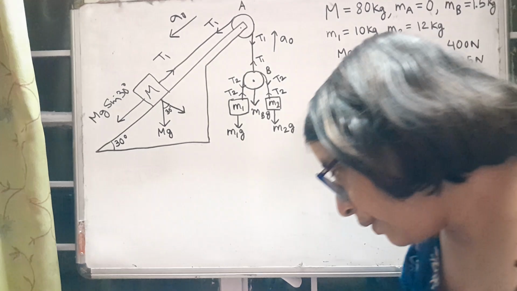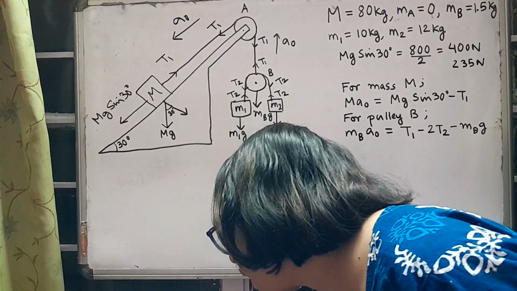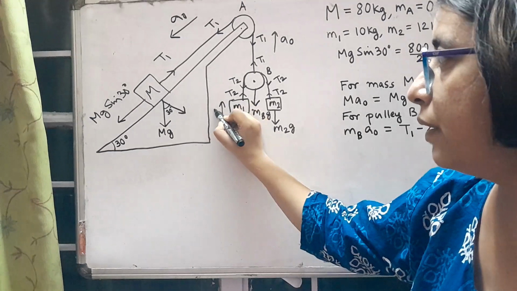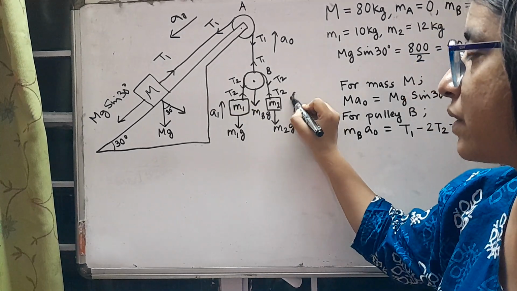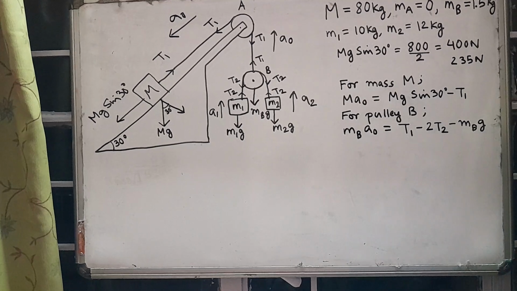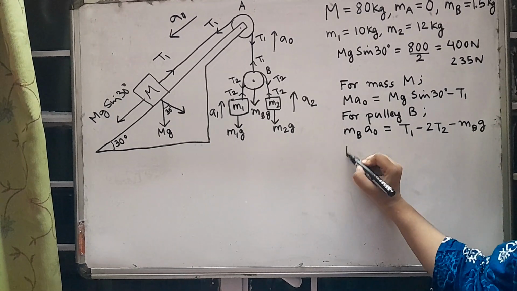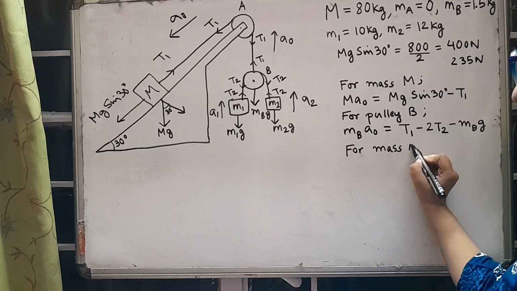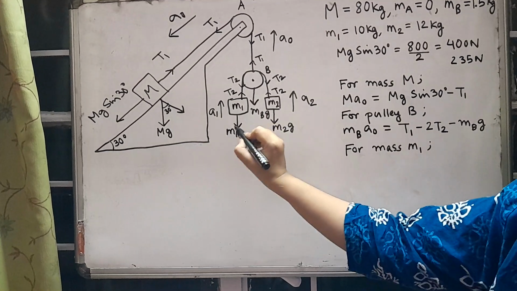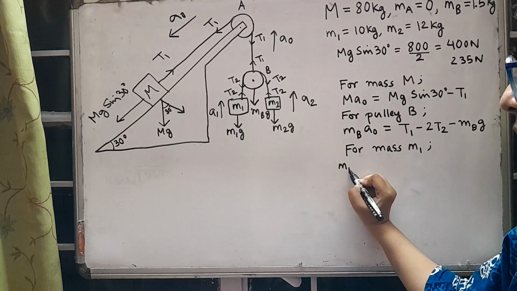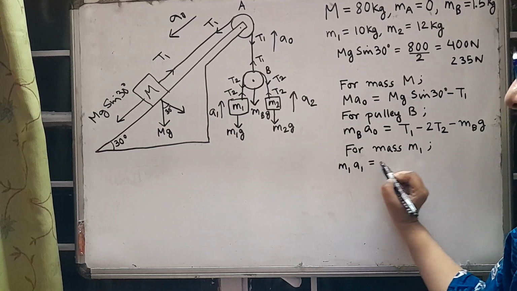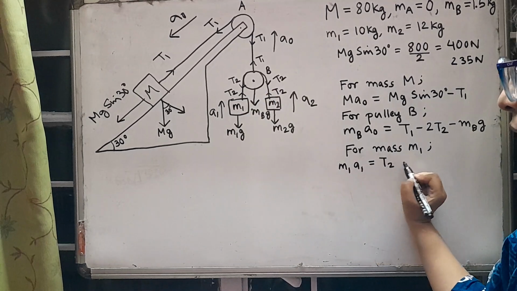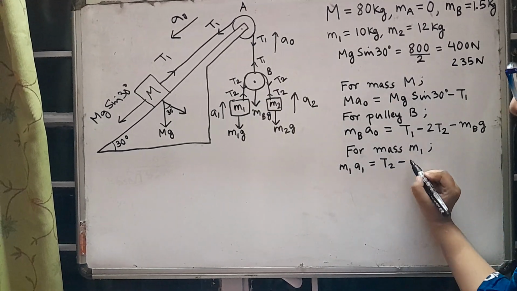Now let me consider that the block M1 has an acceleration A1 in this direction and M2 has an acceleration A2 in this direction. So when I write for mass M1, acceleration is along this direction, so M1 A1 is equal to T2 minus M1 g, since the weight is downward.